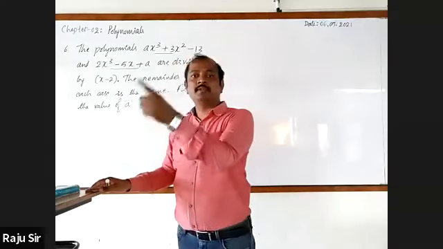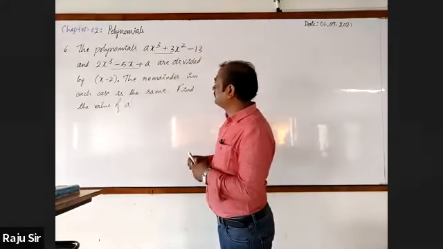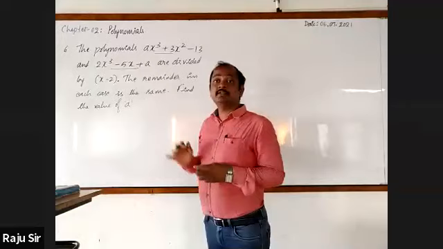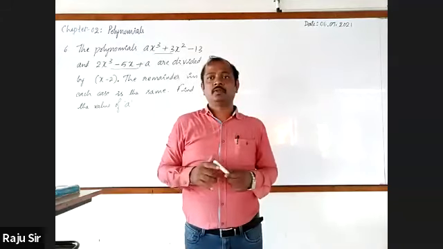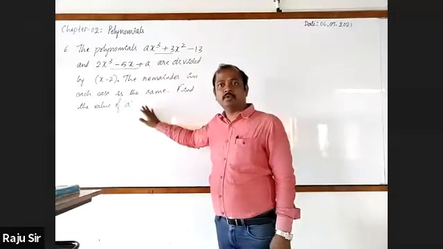Let us call the first one as R1, second one as R2. There is a condition. Look here. The remainder in each case is the same, which means that the first remainder R1 is equal to the second remainder R2. Using this statement, we should find out the value of a.